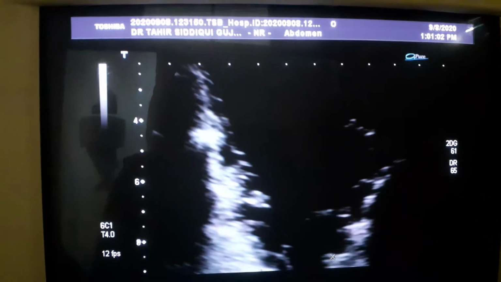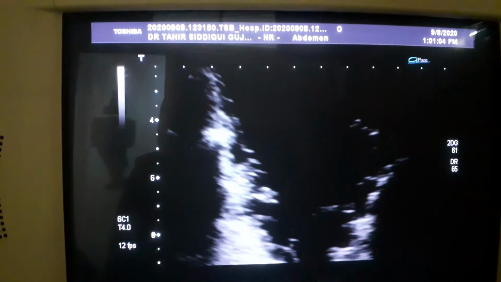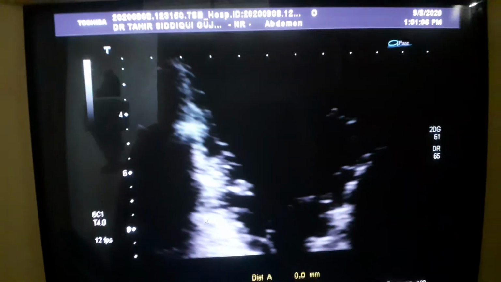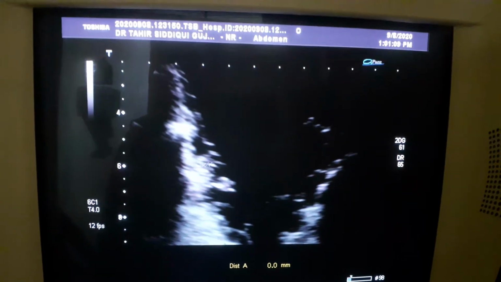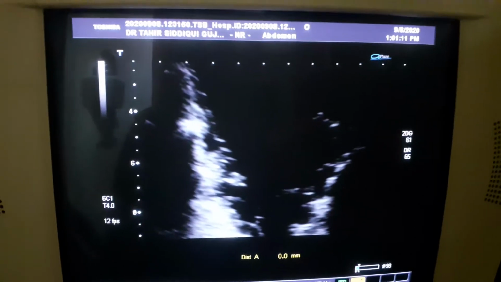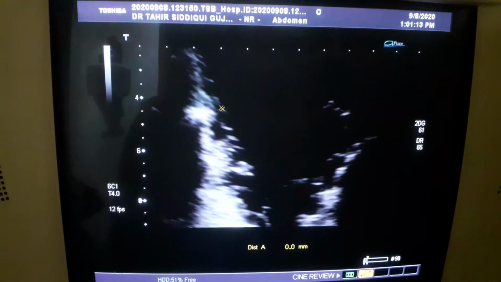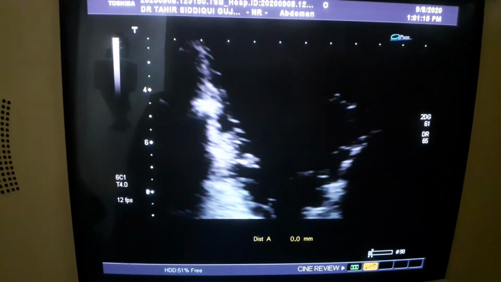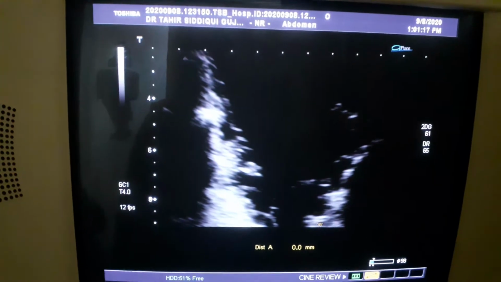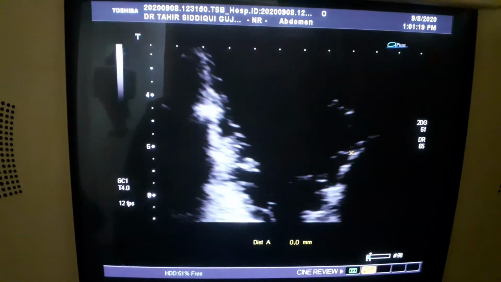The wall should have been as smooth as this area, but you see the projections into the lumen of the urinary bladder from the wall, all this. Now these are called hypertrophic trabeculae.